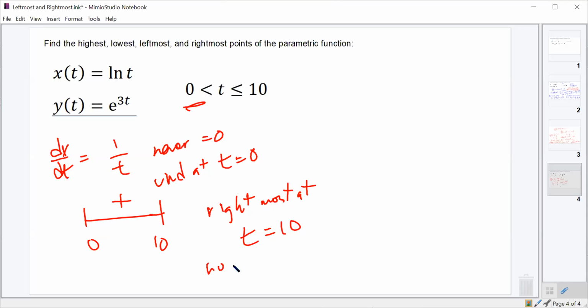And then there should be no leftmost point because there's no endpoint to the left. And so the point that it's at its rightmost is natural log 10, comma, e to the 30th power. Everybody good with that?